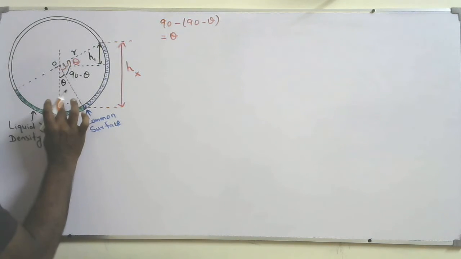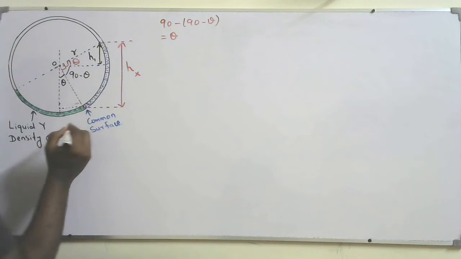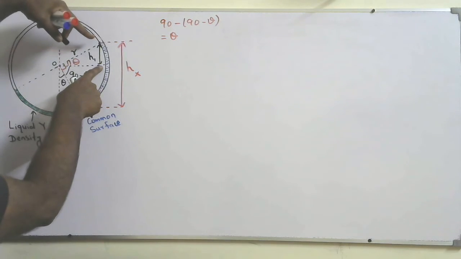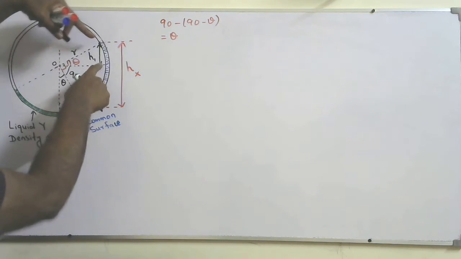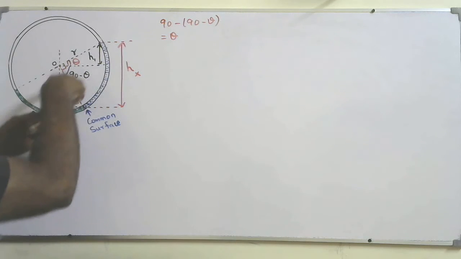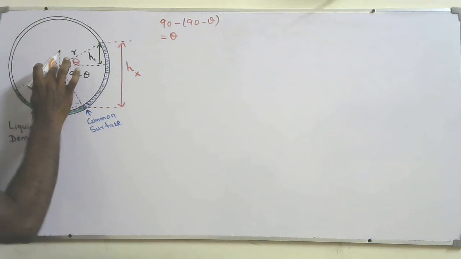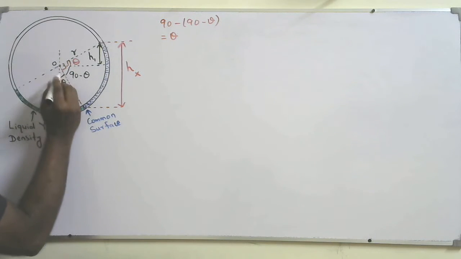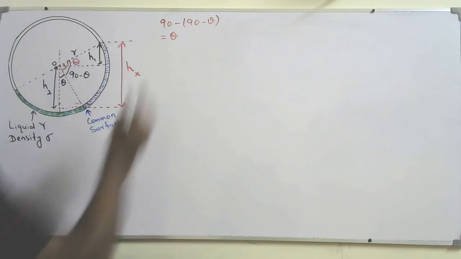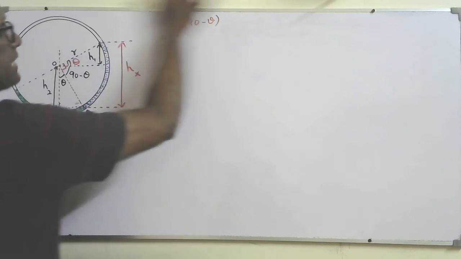You can see that this height is H2. So this is H1, then this height from here to here is H2. Okay, I'll keep this and mark this as H2. So Hx is equal to H1 plus H2.